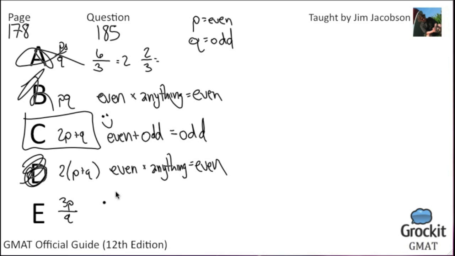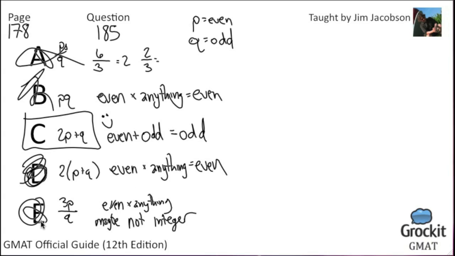And once again, choice E: the numerator is going to be even because P is even, so 3P has the even-times-anything thing going for it. It also has the possibility of not even being an integer. So it's not answer choice E either.